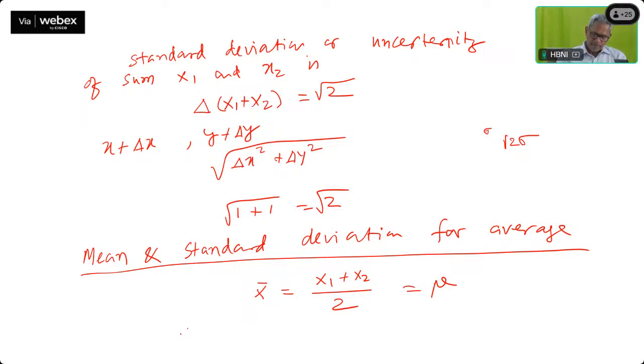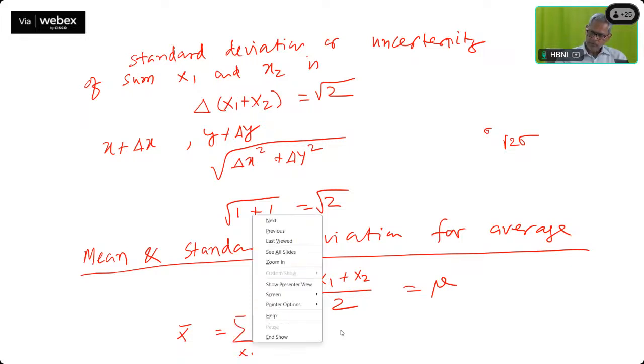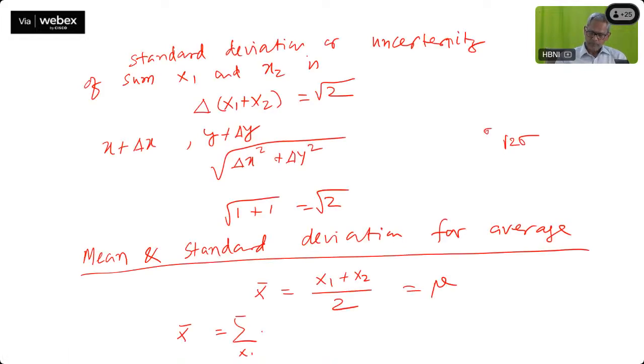So I can calculate the average, which will be half of x1 plus x2.